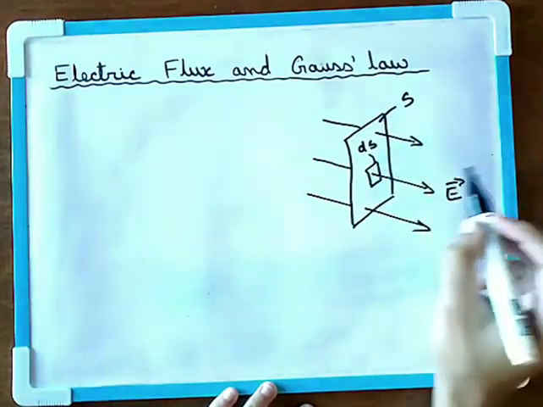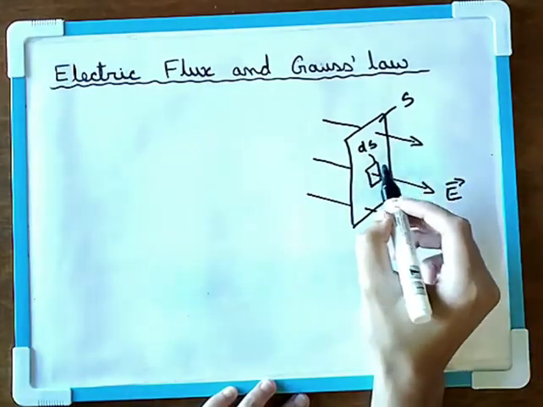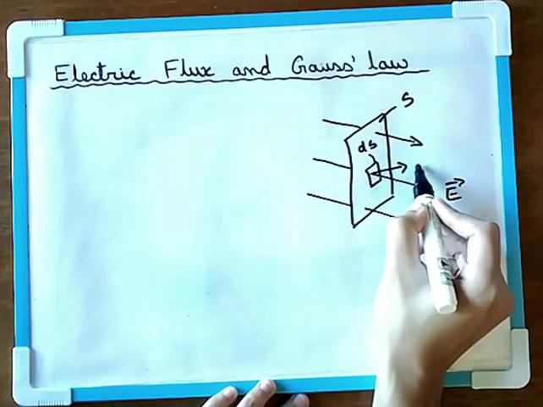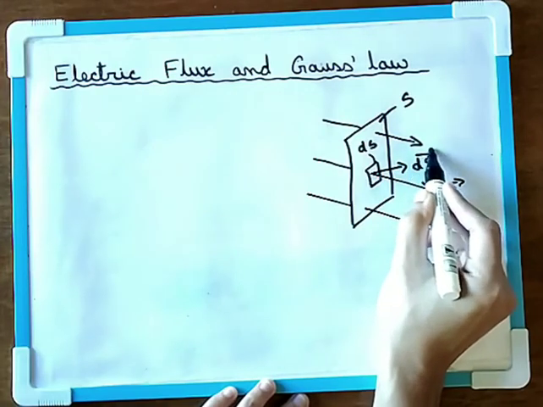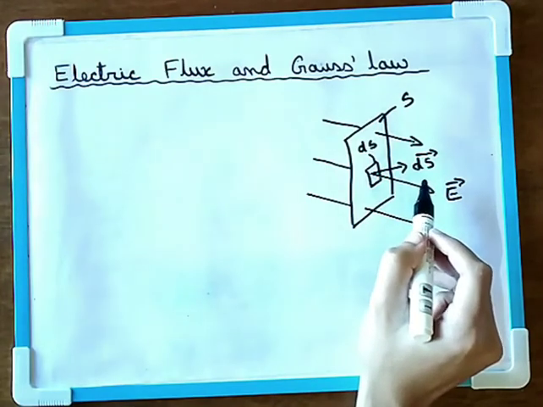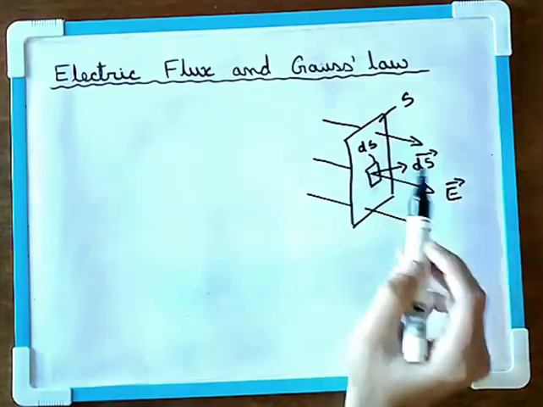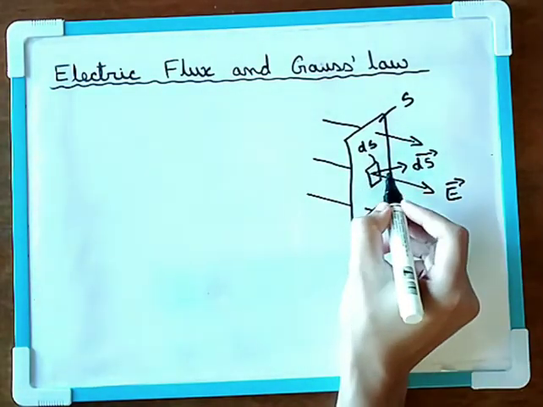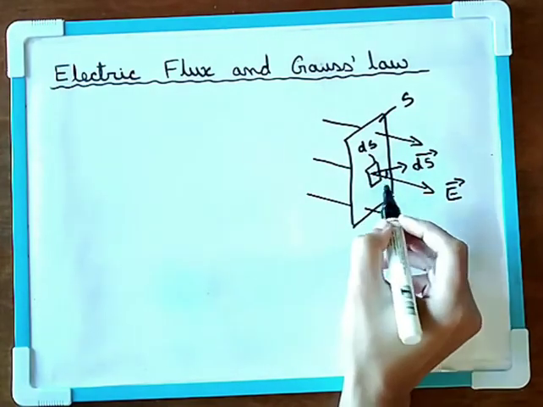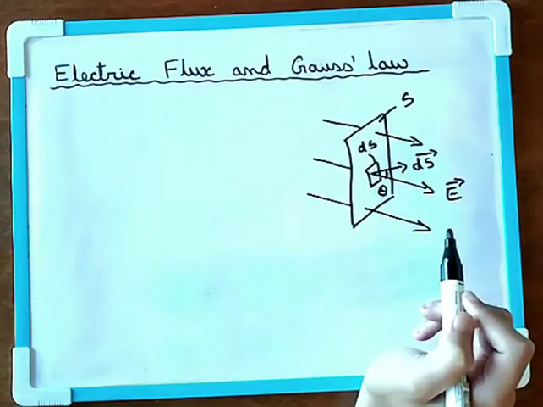This dS can also have an area vector, which is given as dS vector, and it's normal. This dS vector is the elementary area vector, which is normal to this surface area dS. And let's say the angle between this E vector and this dS vector is theta. So theta is the angle between E vector and dS vector.